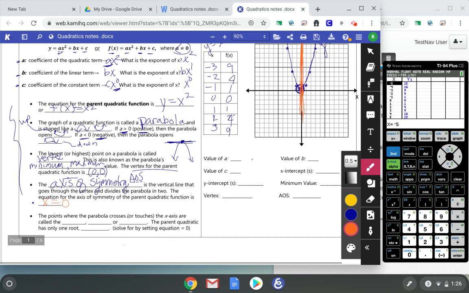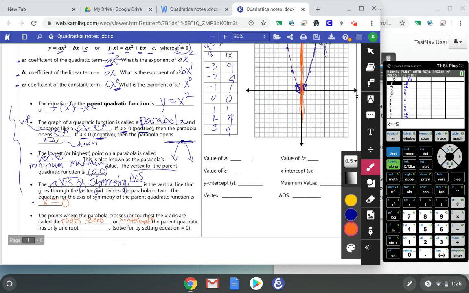Okay, points where the parabola crosses or touches the x-axis are called the roots, zeros, or x-intercepts.